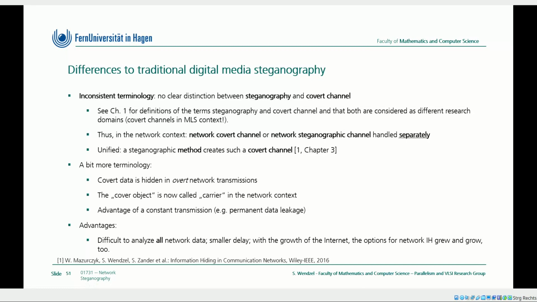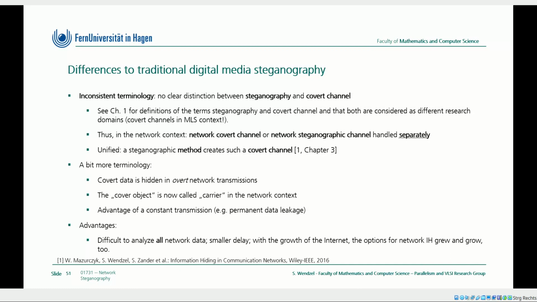I like to highlight a few differences between traditional and digital media steganography. I won't repeat all the fundamentals from chapter 1 here. You already know the terminology. However, the problem was that covert channels arose in the 70s and the first network covert channels in the early 80s, or no, late 80s, I think.